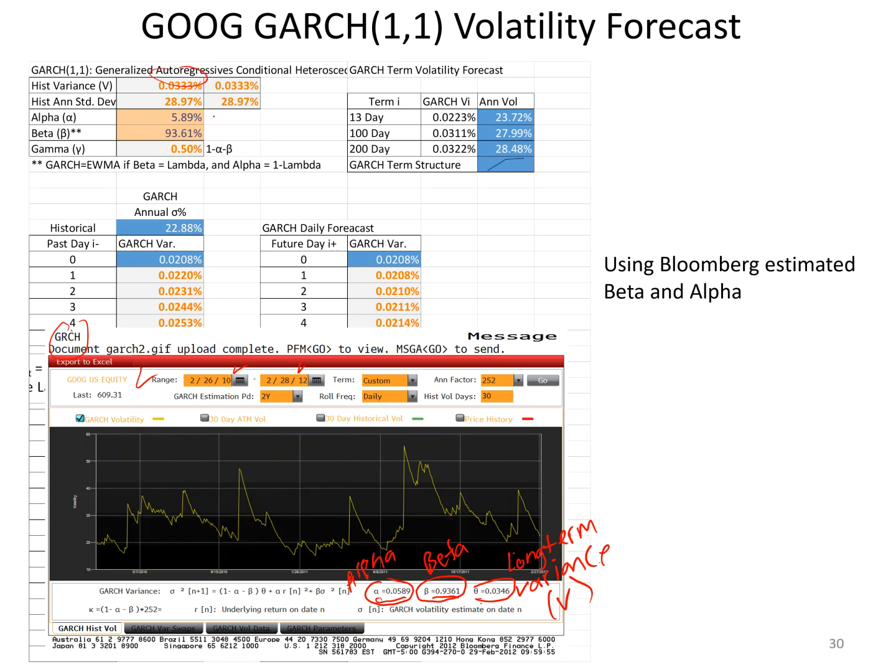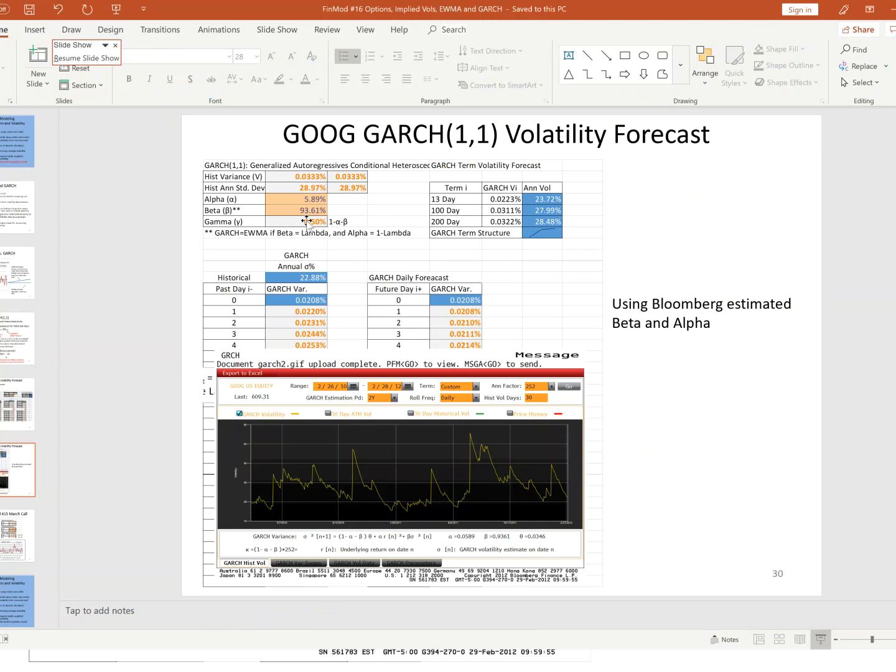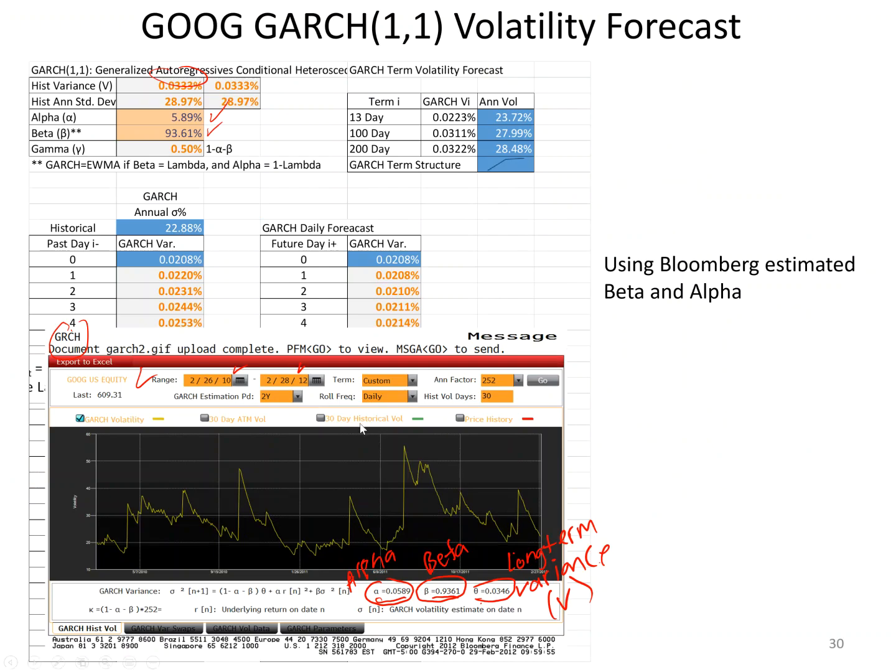So I'm going to plug in those values: 5.89 for alpha, 93.61 for beta, and then I'll say that gamma is 1 minus those two numbers, since they have to sum to 1.